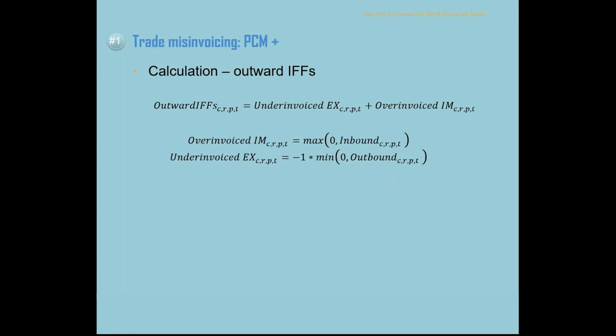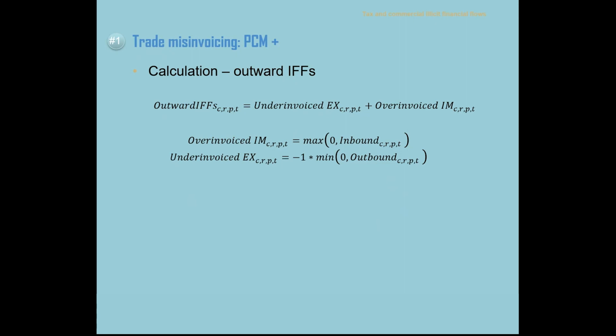On the over-invoiced imports, the story is the opposite. We are importing a good which has a value of 100, but we are essentially paying, as per the invoice, 130. So we are paying 30 more, and this 30 is being flown out of our country. That is why this is the outward IFFs.